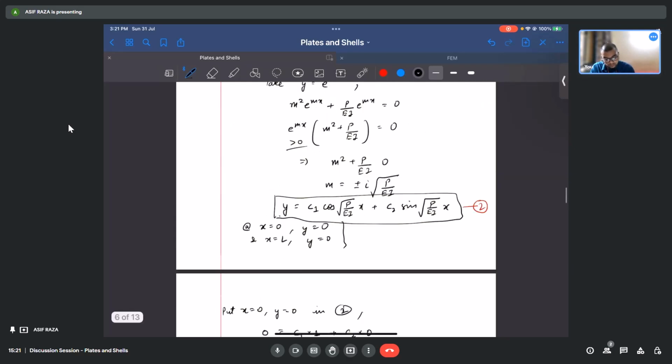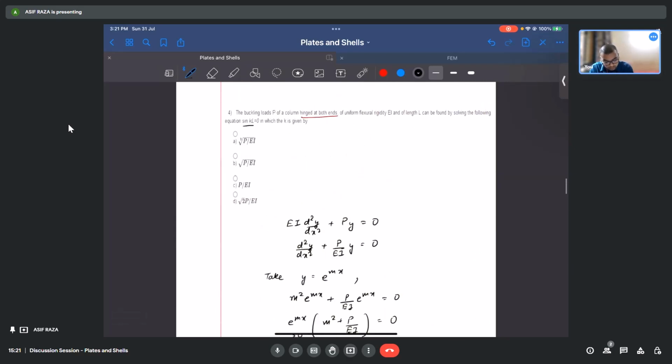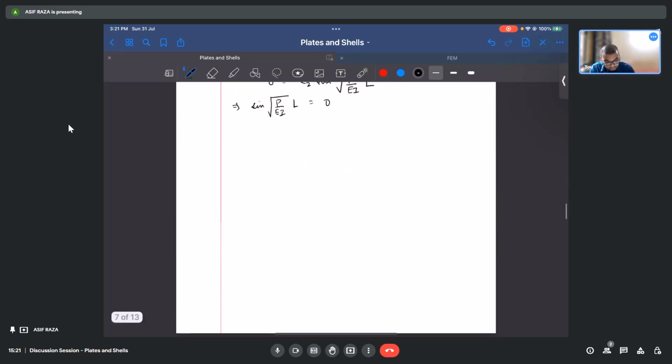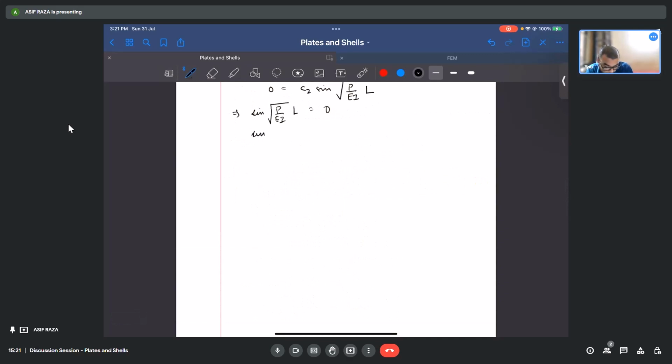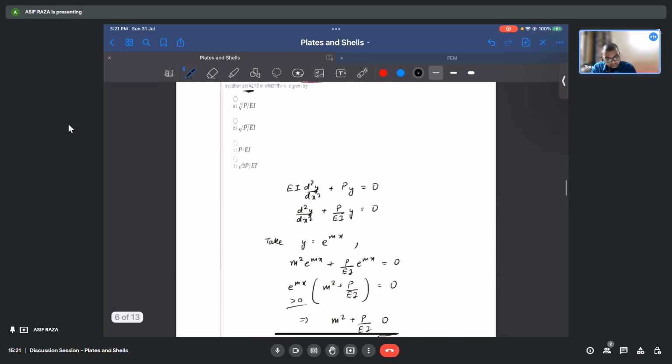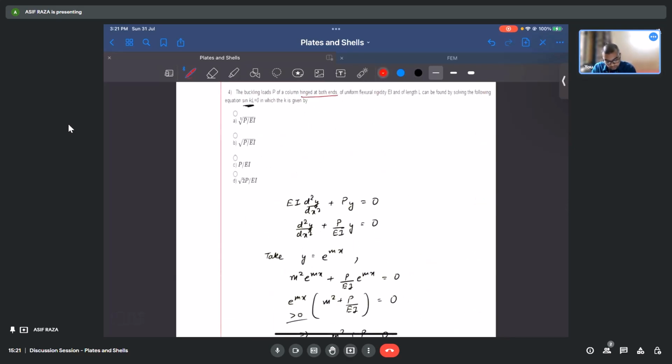Comparing with the given equation, which was sin KL equal to 0, we get K is equal to root P upon EI. So the correct option is root P upon EI, option B.